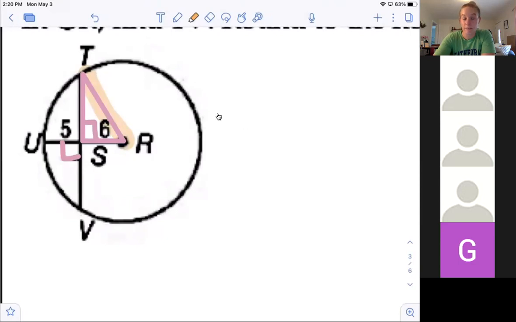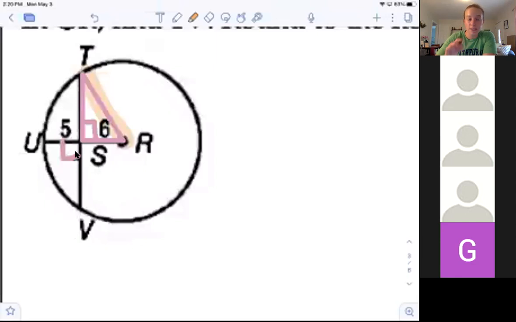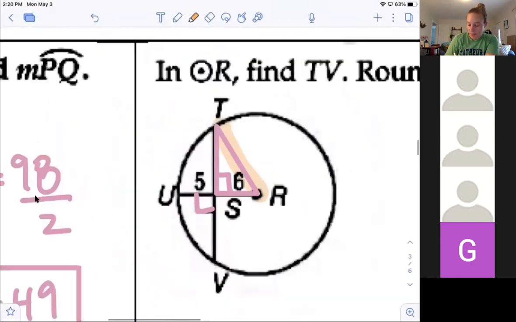It is 11. The reason it's 11, and it's not 12, is because I don't know if TS cuts the length of UR in half. I don't know if it's going to be 6 and 6, but what we know is that from the center to the outside, that's the radius, and that's 5 plus 6, which is 11.